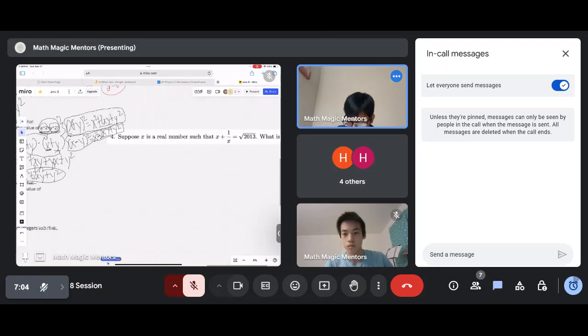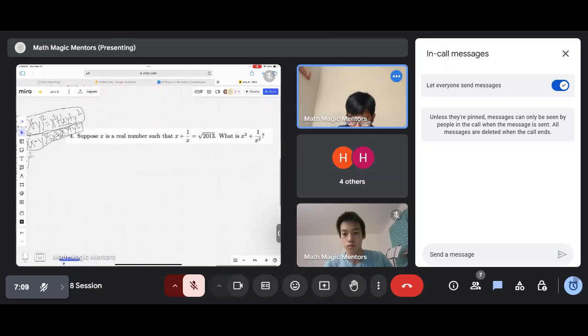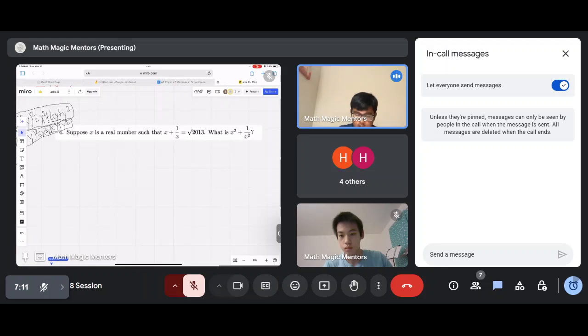And so using this identity, we will try tackling this problem, which says suppose x is a real number such that x plus 1 over x equals square root 2013. And so we want to find x squared plus 1 over x squared.